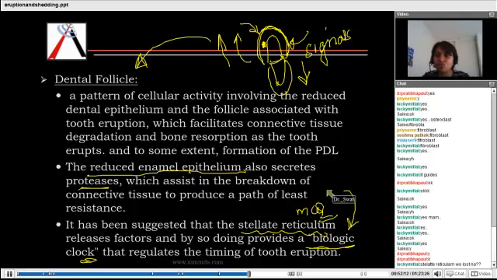Saurabh, very good point. They say that yes, but the stellate reticulum is so much collapsed. How come the stellate reticulum has the signal? Then there are some authors who argue that the stellate reticulum passes the information to the dental follicle which is around the crown. That is why the crown retains.